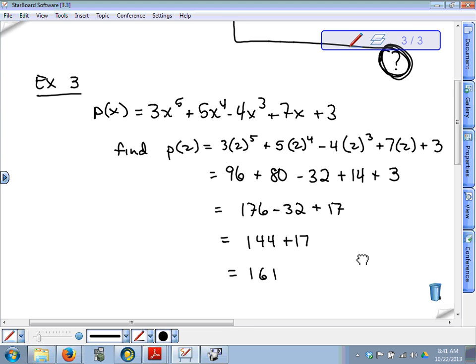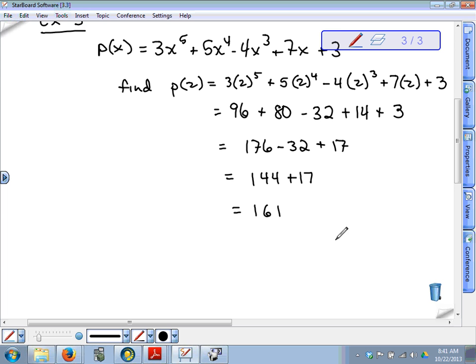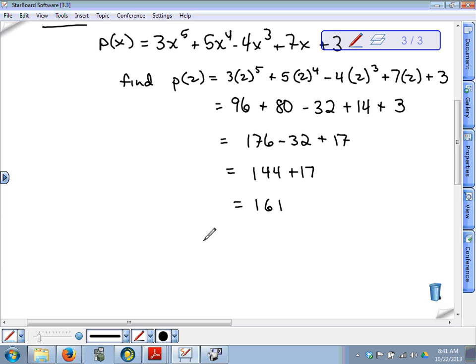Let's try this using the remainder theorem. The remainder theorem says, do this synthetically. Take the original polynomial, p of x, put the coefficients here. Where did this 0 come from? We're missing an x squared term, so you have to have a 0 in there. The one big difference here that students mess up on is in this form of synthetic division, you use the exact number that you're trying to evaluate. You don't change the sign.